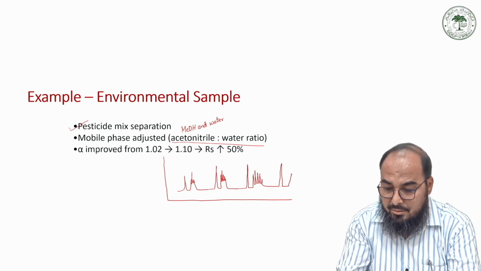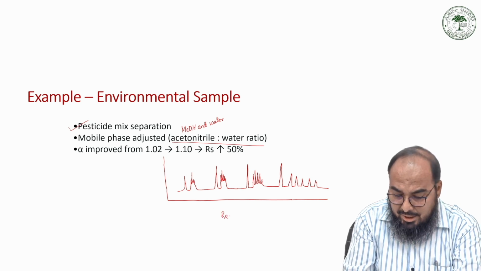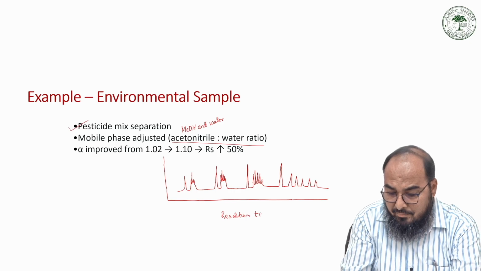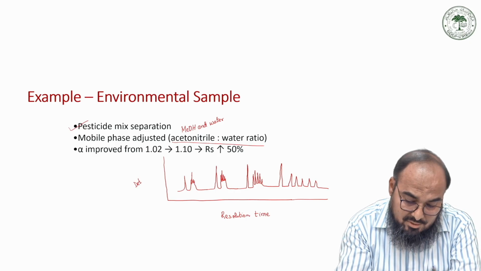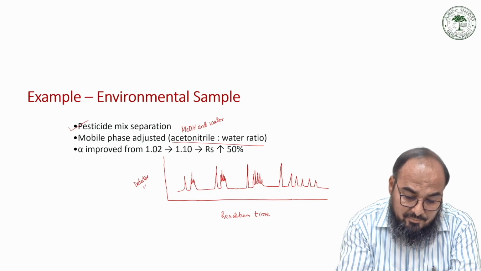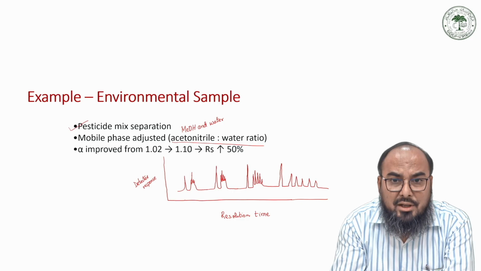Now if we have a chromatogram and here it is the retention time, for example, and here it is, of course, the detector response. Now let us suppose there are actually four cases given here.